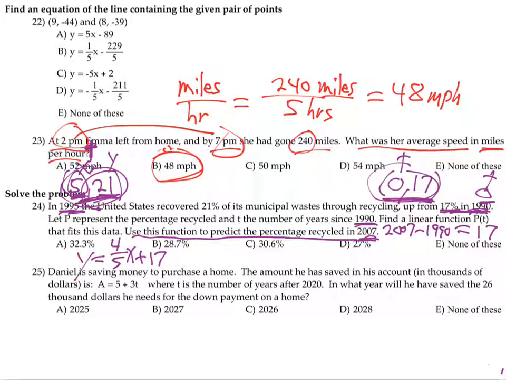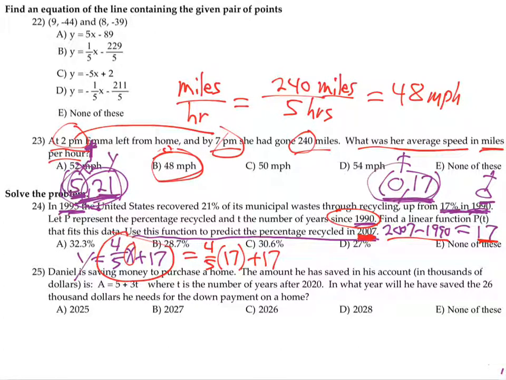I need to take that 17, right? 2007, we're supposed to use this function we just found to predict how much was recycled in 2007. 2007 from 1990, since we started in 1990, that's 17 years down the line. So I take the 4/5 and I plug in 17 for the x.